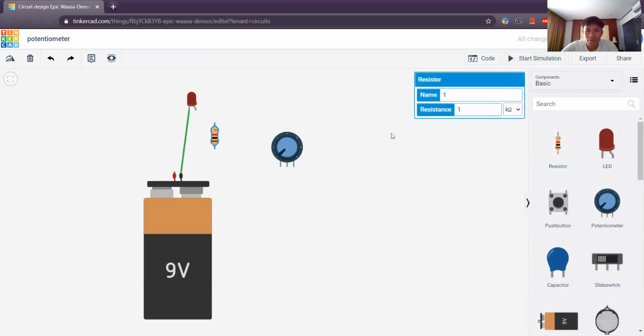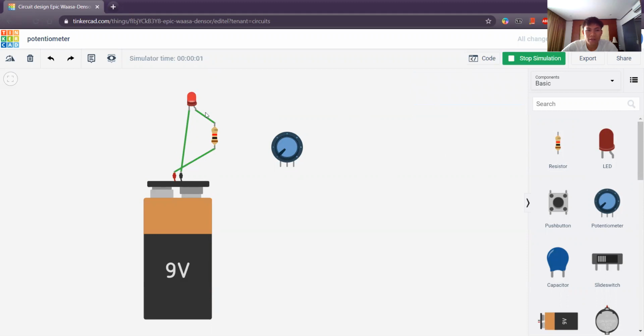Let's bring a 1 kilo ohm resistor and connect it here, and then we will see the difference. Here the light is dimmer than before, which means the working hours, the lifetime of this LED, would last longer because the current flowing to the LED is less than it was before.